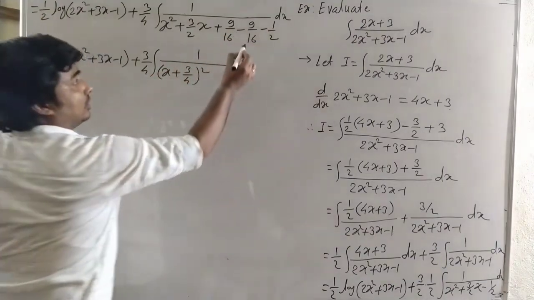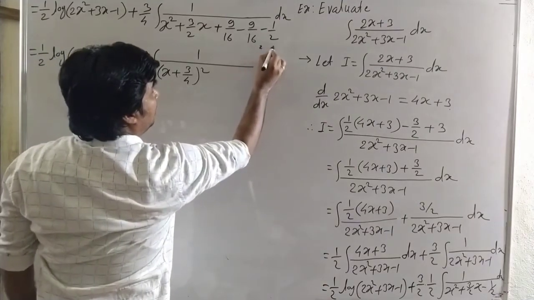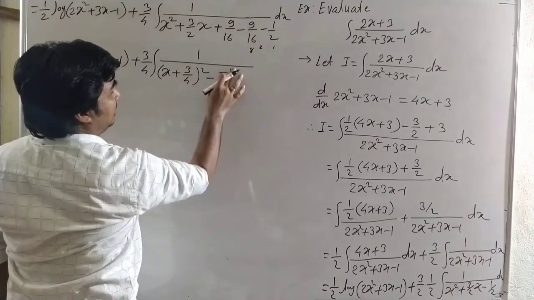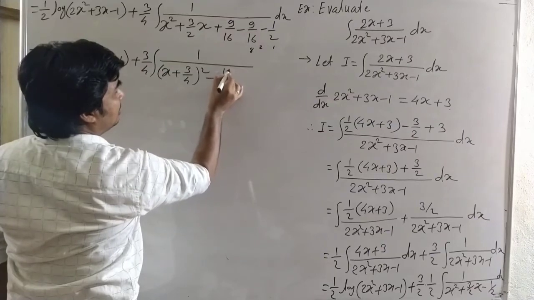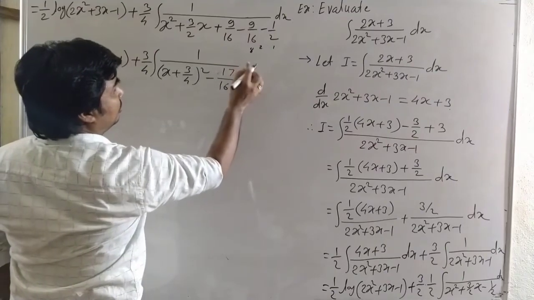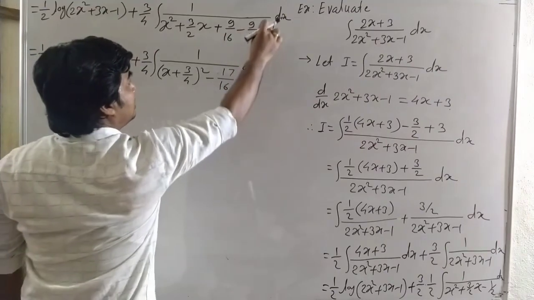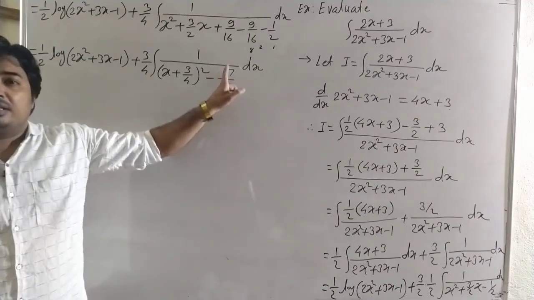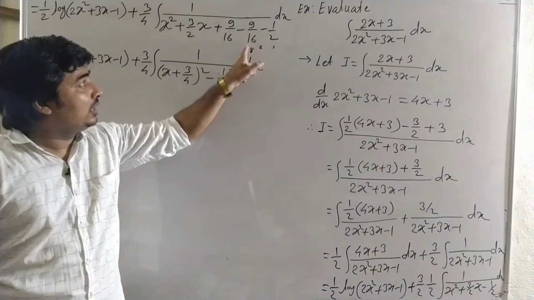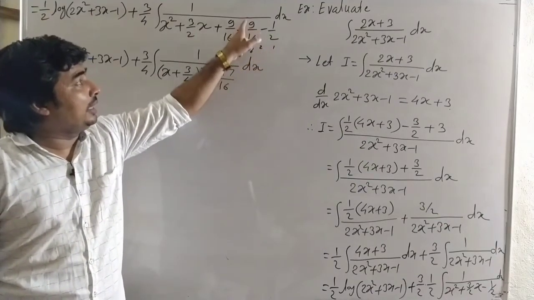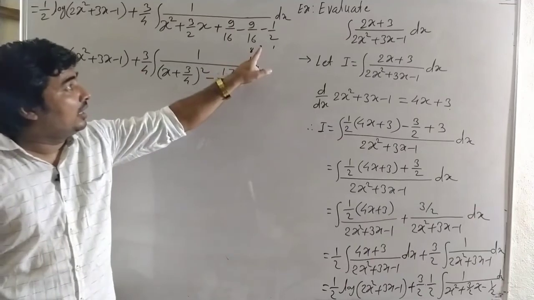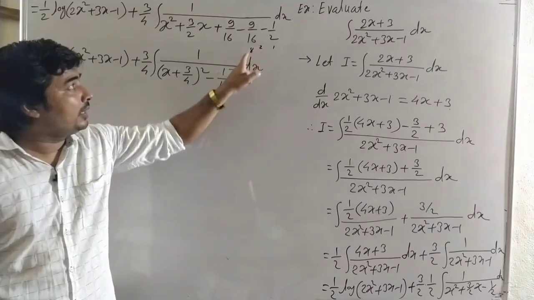Okay, here the common factor is 2, so the remaining factors here are 1 and 8, that means minus 9 minus 8, that is minus 17, minus 17 upon common factor and remaining factor multiplied, it is 16. So the calculation of minus 9 by 16 and minus 1 by 2 is minus 17 by 16. Here the common factor of these two terms is 2, remaining 8 and 1. 1 multiplied by 9 is minus 9, and 8 multiplied by minus 1, minus 9 minus 8 is minus 17. And in the denominator, the multiplication of common factor and remaining factor.